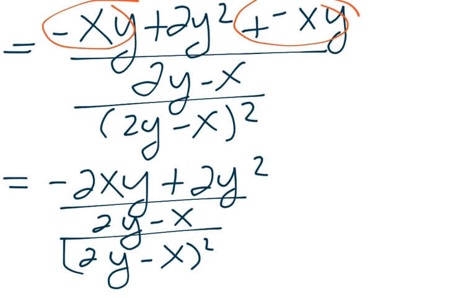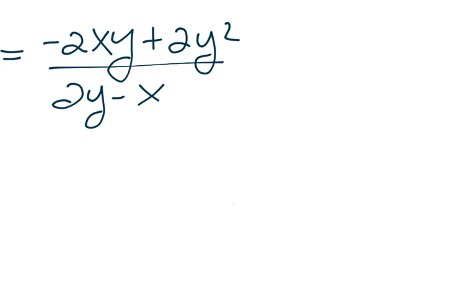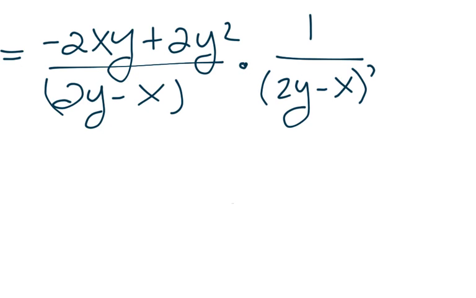And then we're going to multiply by the reciprocal. So you're going to set this up as negative 2xy plus 2y squared over 2y minus x, times the reciprocal, which is 1 over (2y minus x) squared.